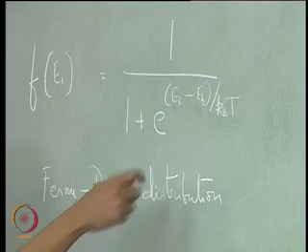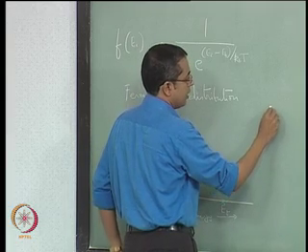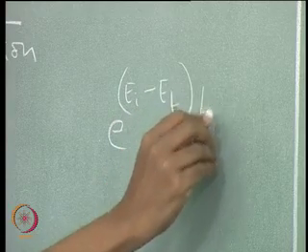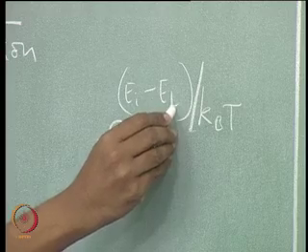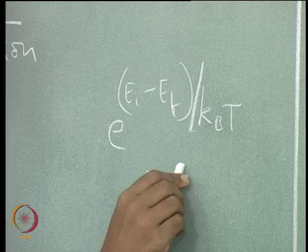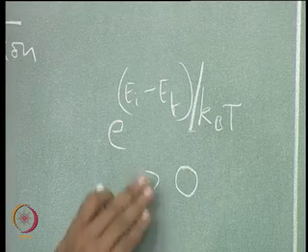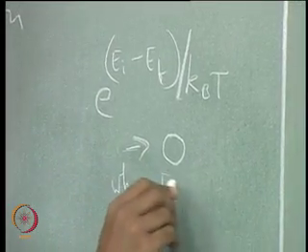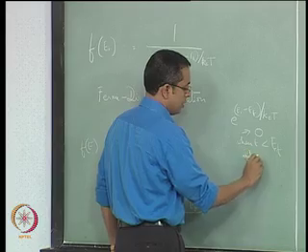So therefore this quantity here, e to the power (E minus EF) by kBT, tends towards 0 when E is less than EF and T tends to 0.